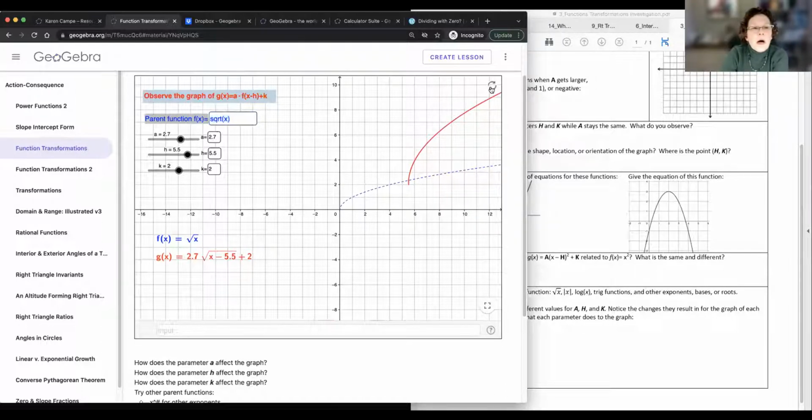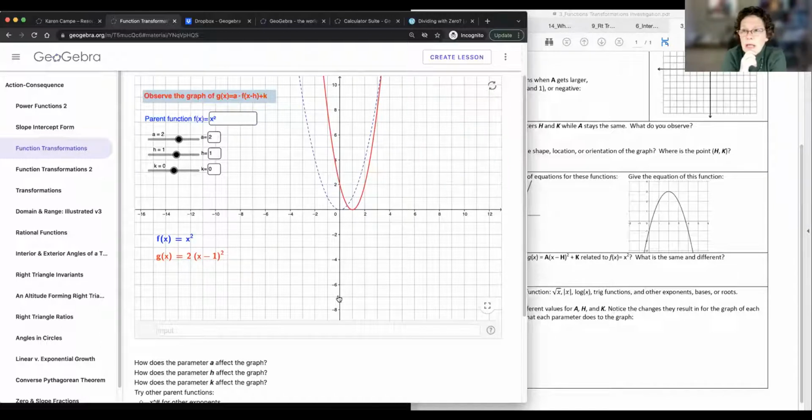What happens with the parameter B is that I've found it's the one that confuses students the most. It's the horizontal shrink or stretch, and it works in the opposite order to the vertical stretch and shrink.